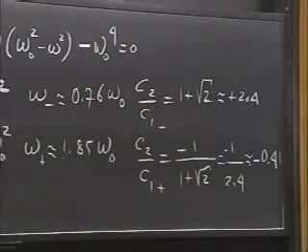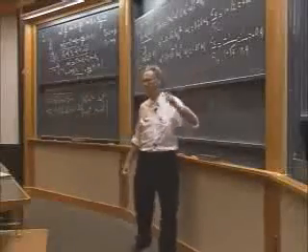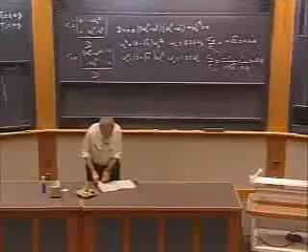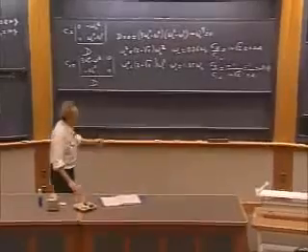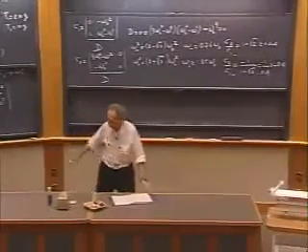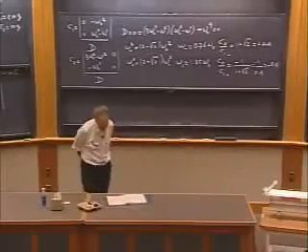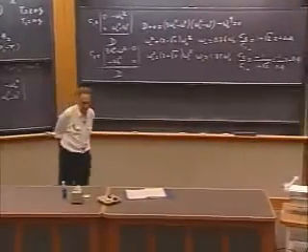And if I gave you the initial conditions, then of course you could calculate C1, and then you know everything because you know the ratio C2 over C1. But without the initial conditions, you cannot do that. Each of these normal mode solutions satisfies both differential equations. So therefore, a linear superposition of the two normal mode solutions is a general solution.